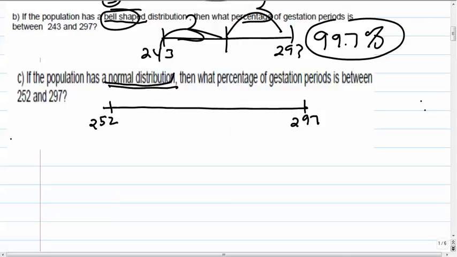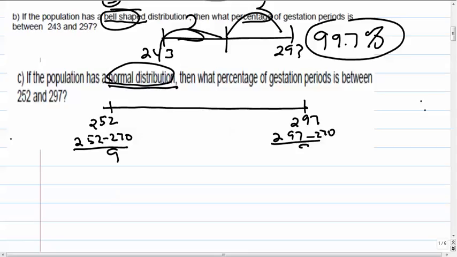But since we're working with a normal distribution, we want to convert these to the z-score. 252 minus 270 divided by 9. 297 minus 270 divided by 9. This one here is equal to -2, and this one here is equal to 3.